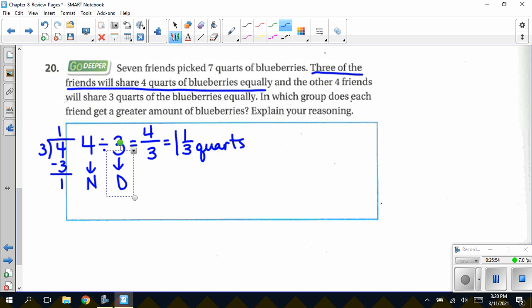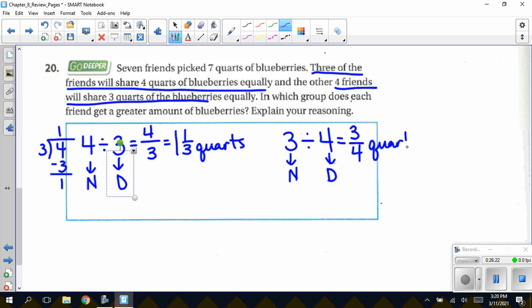Now, if I have the second group, 4 friends that are sharing 3 quarts of blueberries equally, I know it's the blueberries that are being divided, so I have 3 divided by 4 friends. The 3 this time is the numerator. The 4 this time is the denominator. So I have 3/4 quarts going to each person.